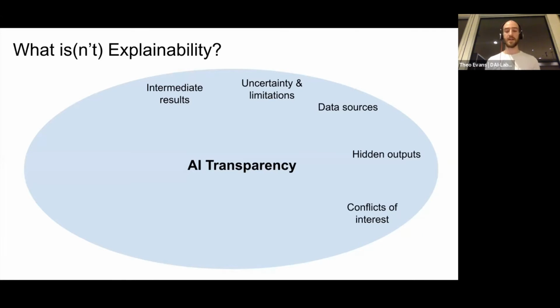And somewhere within this is the topic of explainability, and it may well incorporate some of these aspects of transparency, but I would like to give some motivation to how we make this differentiation about where transparency becomes explainability.